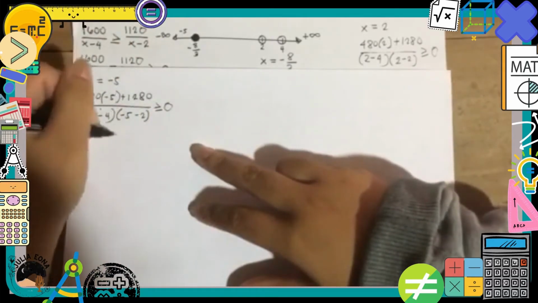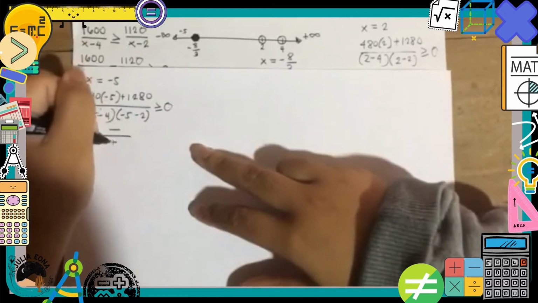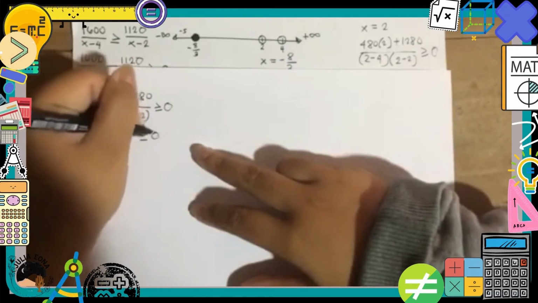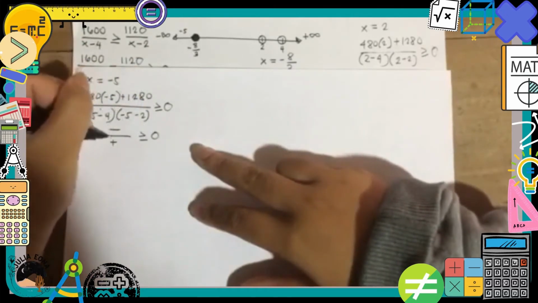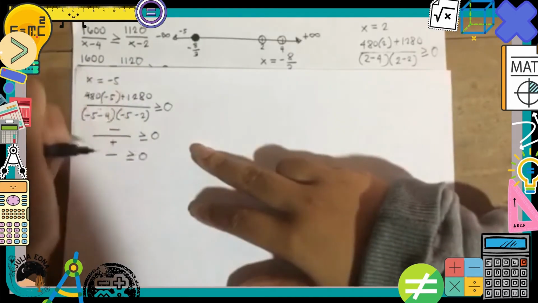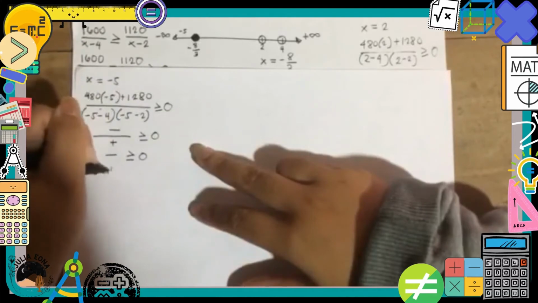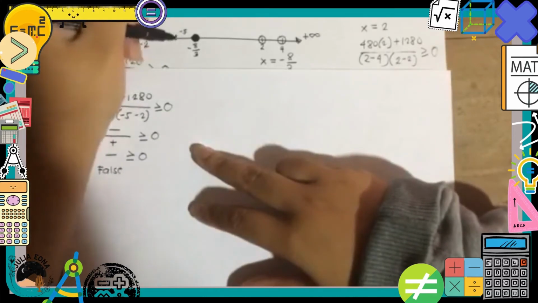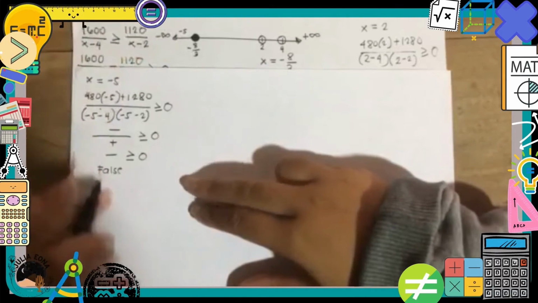So we're going to have negative over positive greater than or equal to 0. Negative divided by positive is negative, so it is false. So this range is not included in our solution.